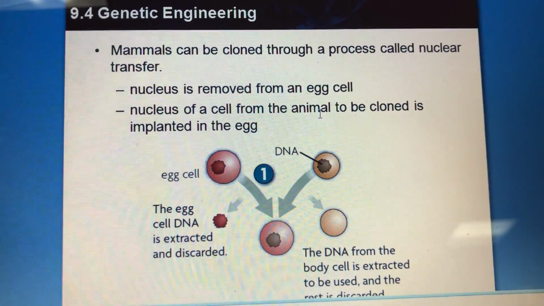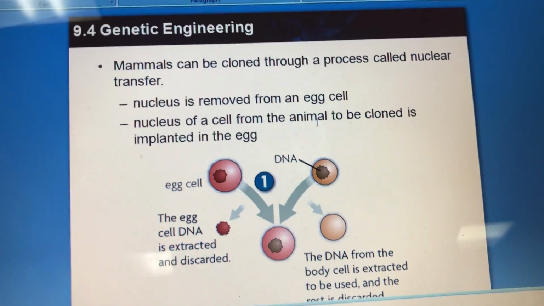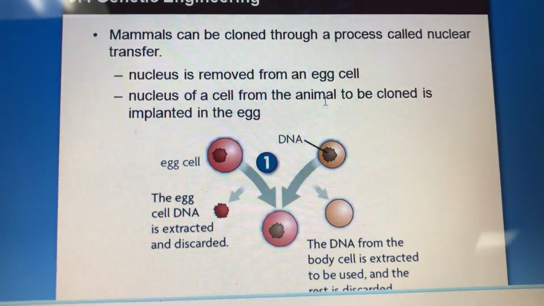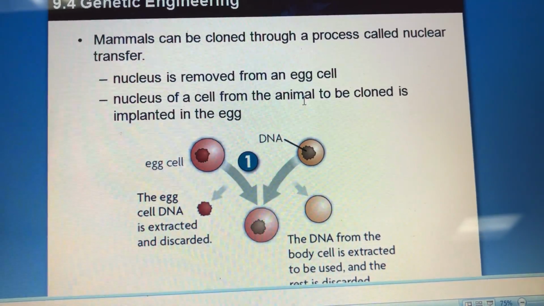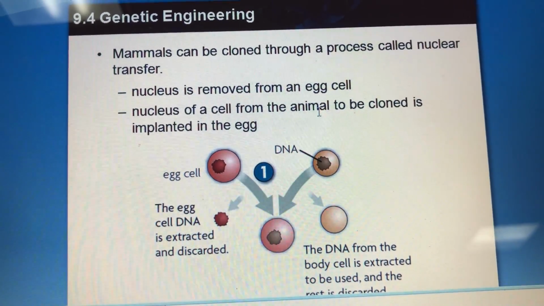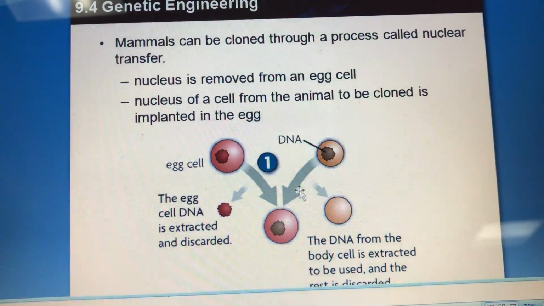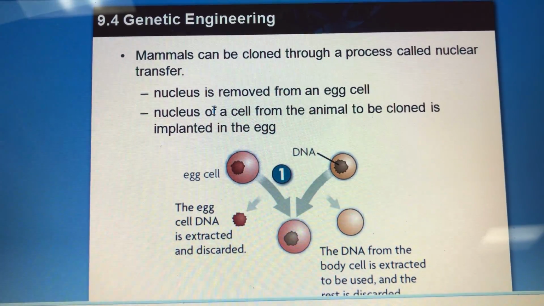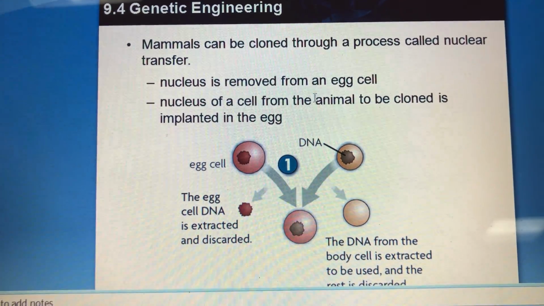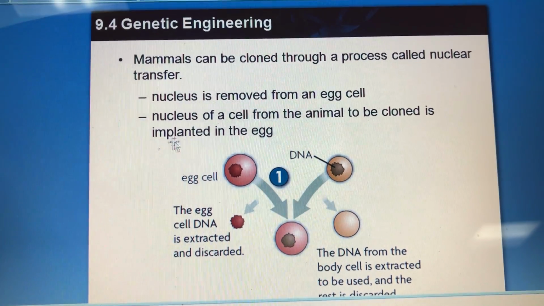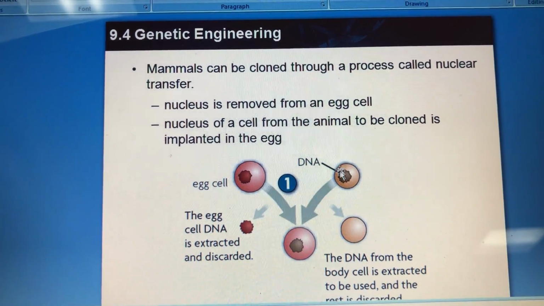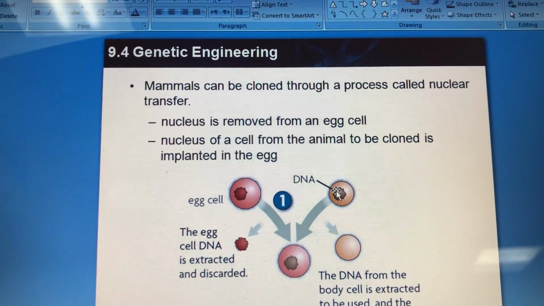They take a body cell from Dolly, all right? They take out the nucleus, which has all the DNA set, the genome of Dolly. They take the nucleus and they insert it in an egg of another sheep. So the nucleus is removed from an egg cell and replaced with the DNA, the nucleus, of Dolly the sheep.